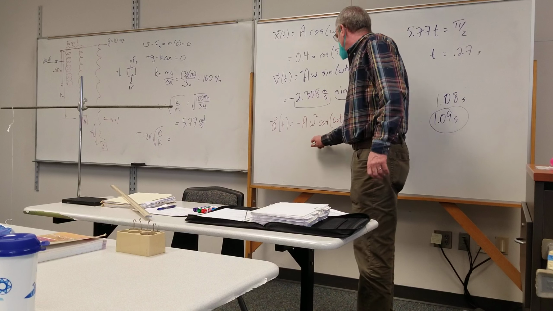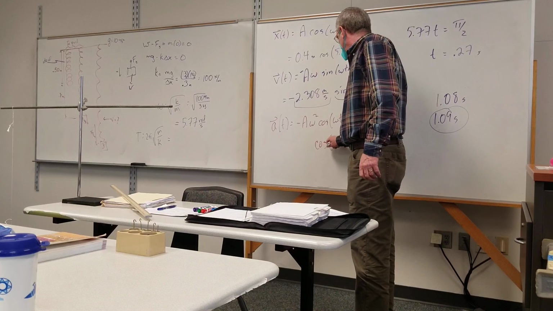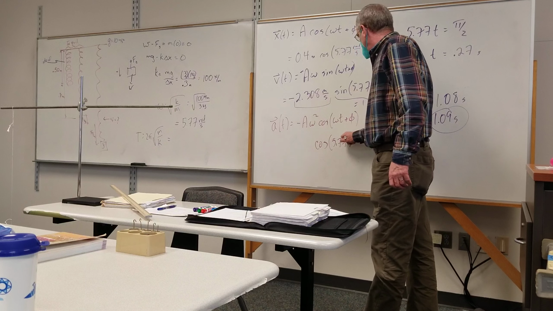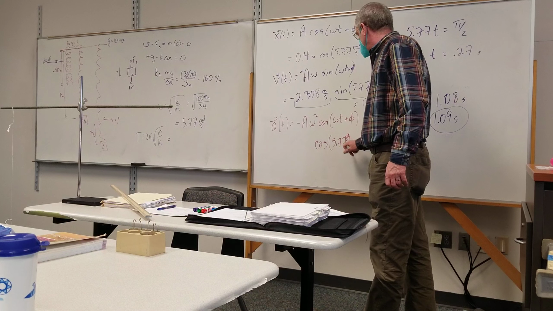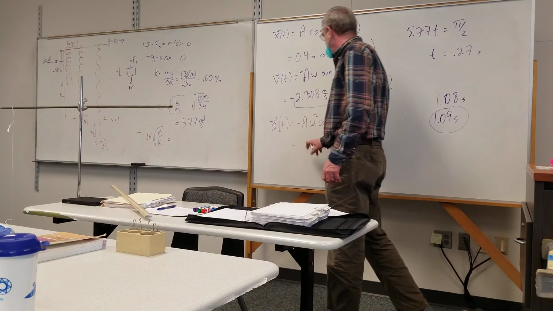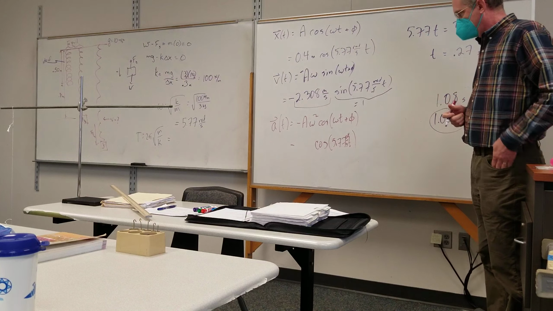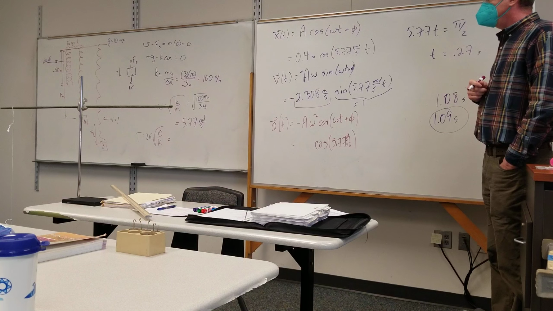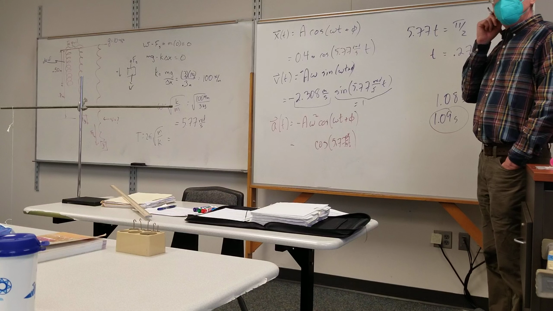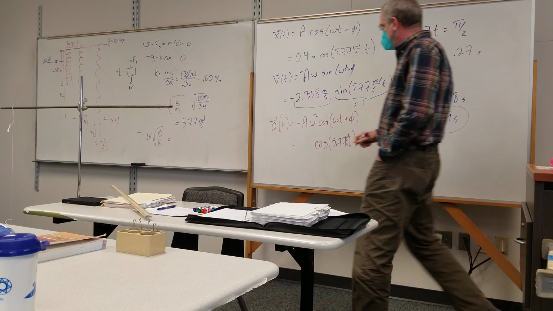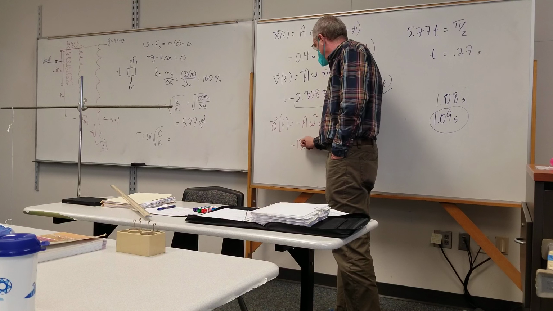I know this part, so that's cosine of 5.77 radians per second times t plus 0. So it's A omega squared. Negative 13.32 meters per second squared.